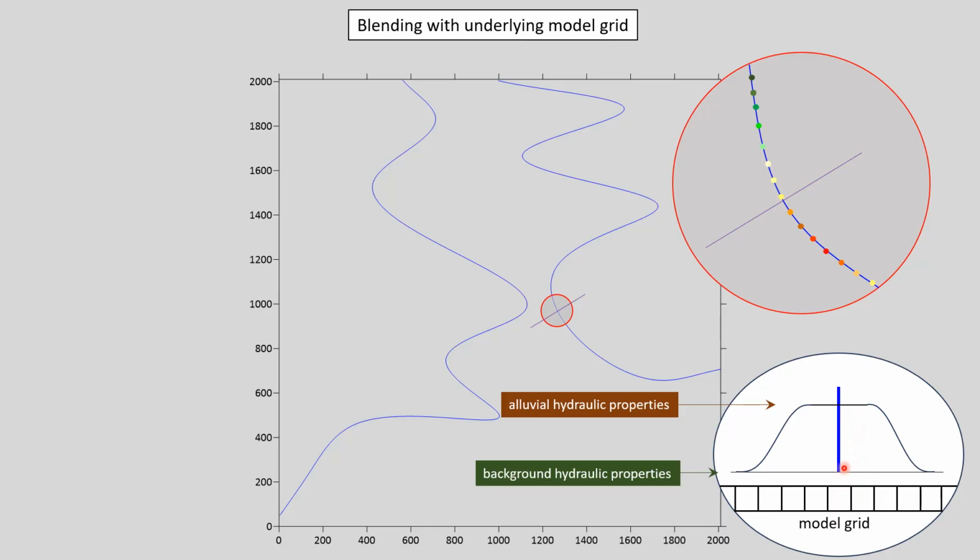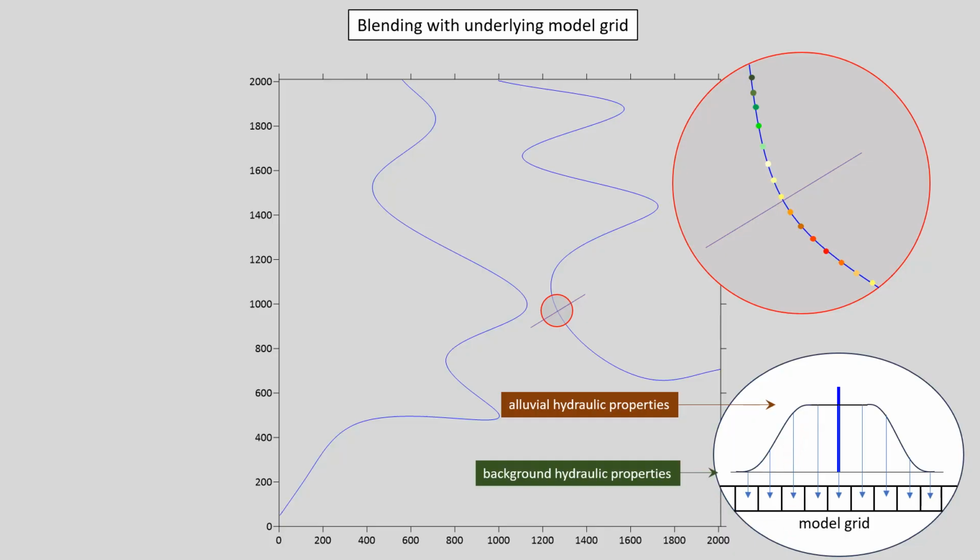Further away from the alluvial channel, hydraulic properties of the underlying model grid retain their original values, the host hydraulic properties. Between the two, there is a blending operation, a decay function. This is described by a Gaussian curve. So what we have here is hydraulic properties associated with alluvium assigned to these cells, background hydraulic properties assigned to these distant cells, and intermediate values assigned to intermediate cells.